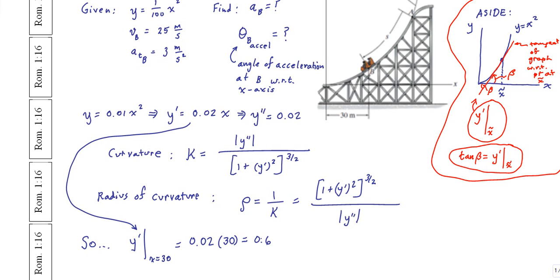So 0.6, and also y double prime evaluated at that very same point is a constant. So I don't even need to really figure anything there because it's a constant.